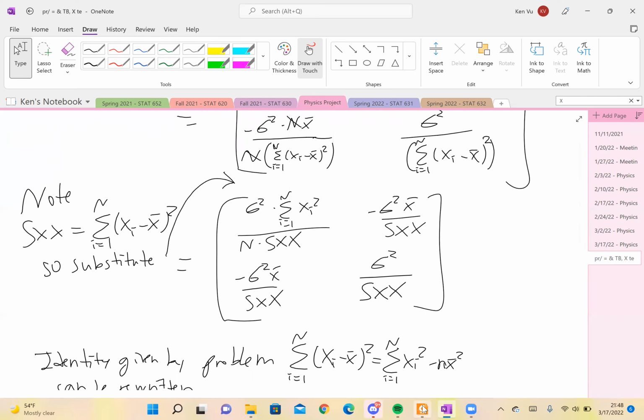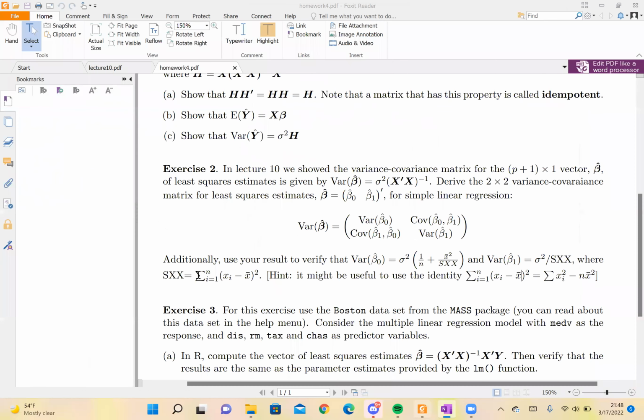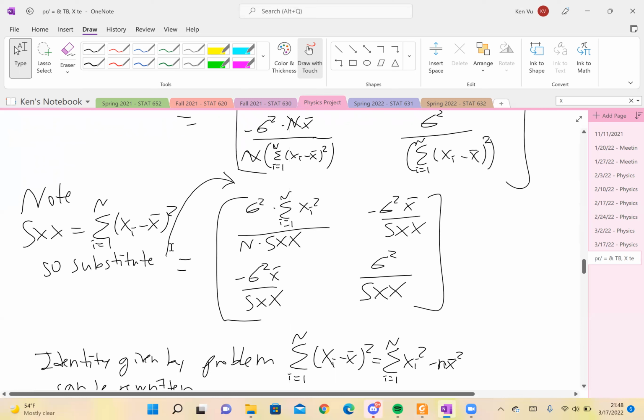Now remember from the problem that you're given Sxx, which is equal to the sum of the differences between xi and x bar, each difference being squared. For simplicity's sake, we're going to rewrite this as Sxx.